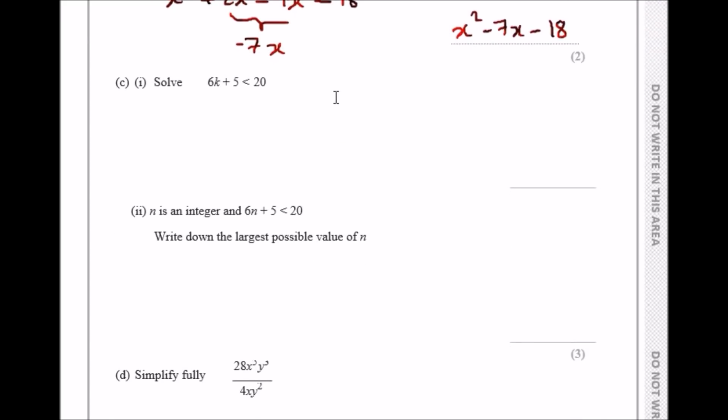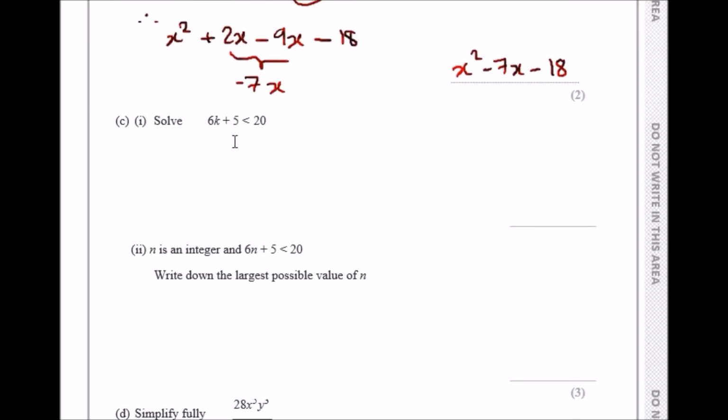All right. So when you get inequalities, treat them pretty much like a normal equation. Pretend this is an equal sign and just solve. In this case, we've got 6k plus 5 less than 20. So what we could do is eliminate 5. Subtracting 5 will give us 6k less than 20 take away 5, which is 15.